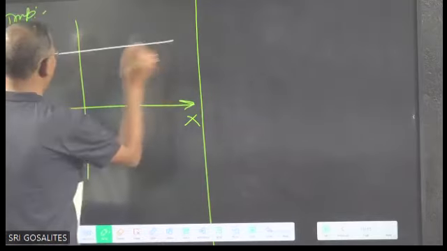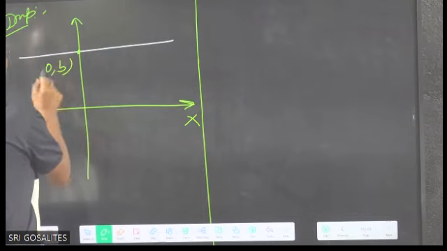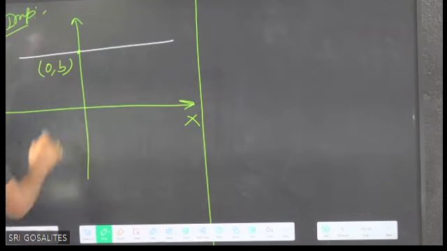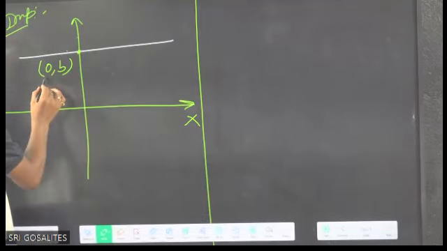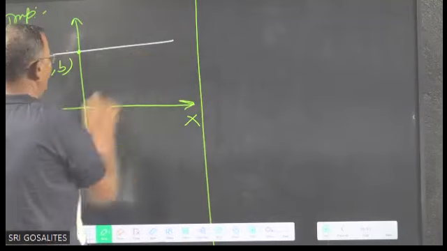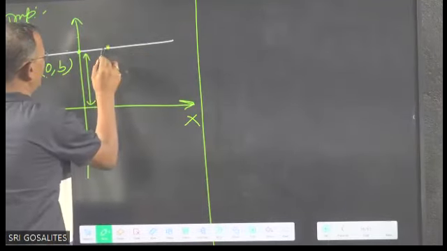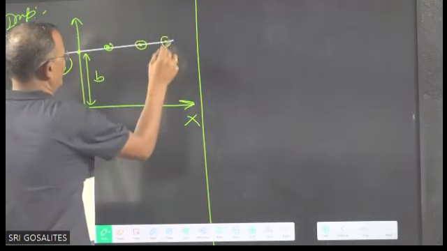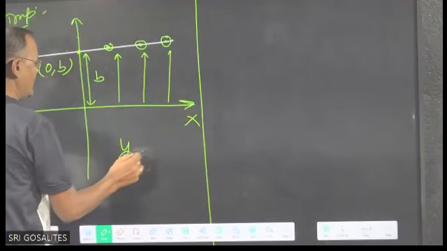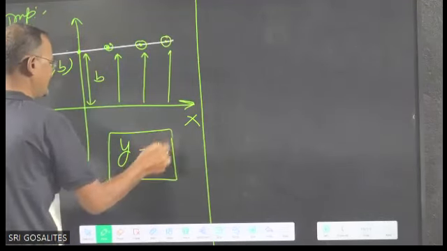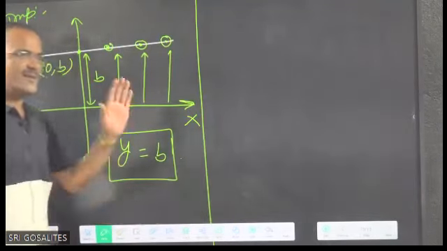If we have a line like this and it is passing through the y-axis with the coordinate (0, b), because on the y-axis, x coordinate is 0. This is the line. So do you know what is this? b distance. So any point on this line, if you see how far it will be from the x-axis, this is y equal to b.